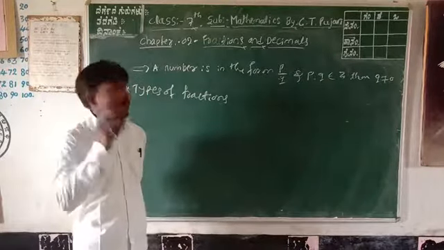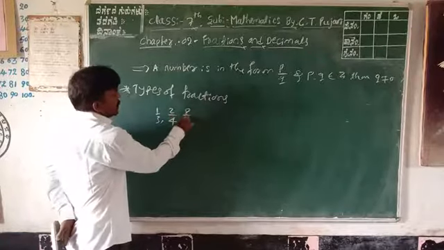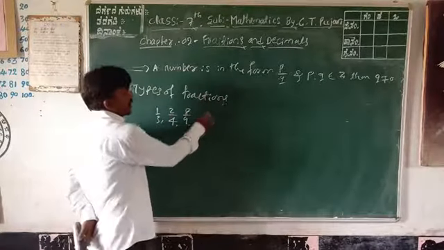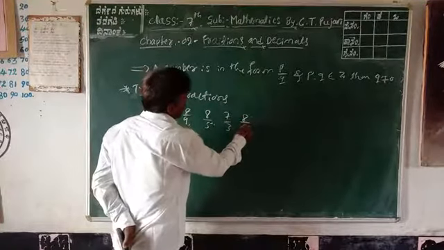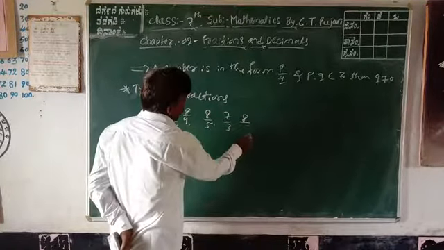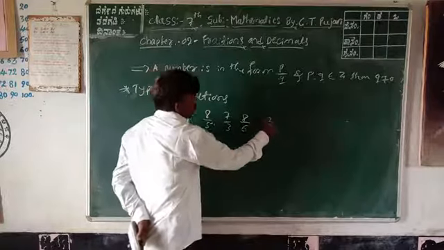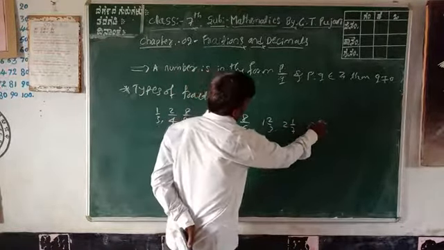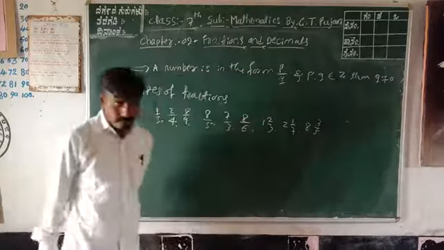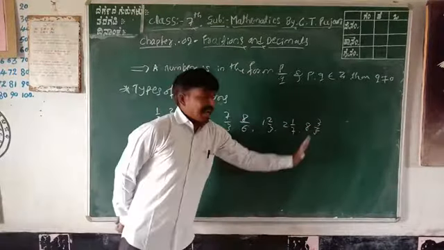For example, 1 by 3, 2 by 4, 8 by 9, and also 8 by 5, 7 by 3, 8 by 5, 8 by 6, and 1 integer 2 by 3, 2 integer 1 by 7, and 8 integer 3 by 5. Okay, these all are fractions.